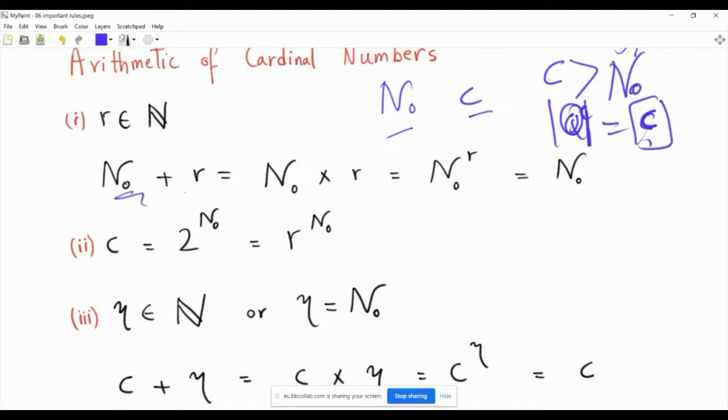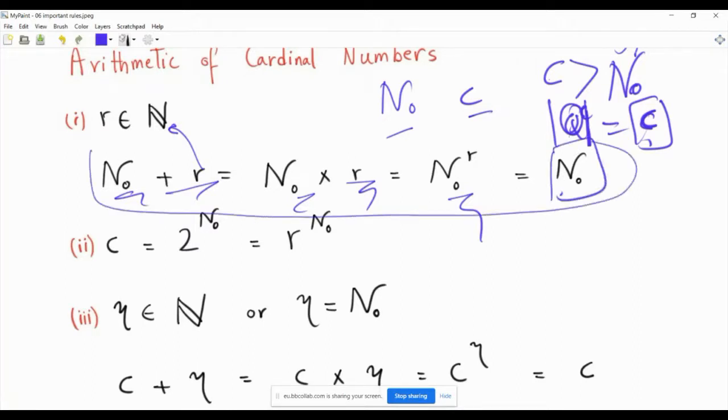If you add a finite natural number to Aleph Naught, or multiply Aleph Naught by a finite natural number, or raise Aleph Naught to a finite natural number, in all cases you still get Aleph Naught.